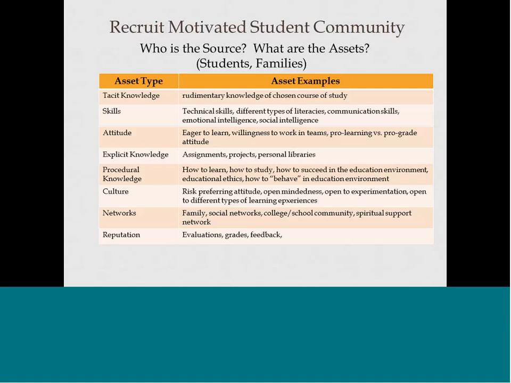Their networks are a little different. Their networks include family, social networks, college and school community, and any spiritual support networks they might be bringing. Reputation for them includes evaluations, teacher evaluation, the instructor evaluations of students, grades, feedback, etc.